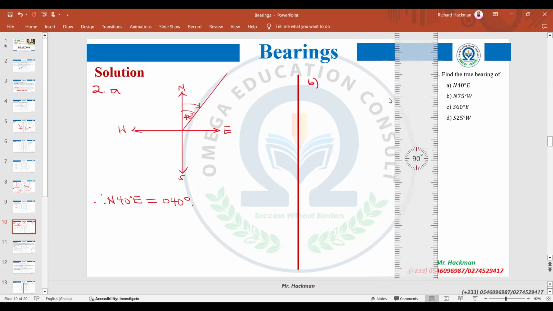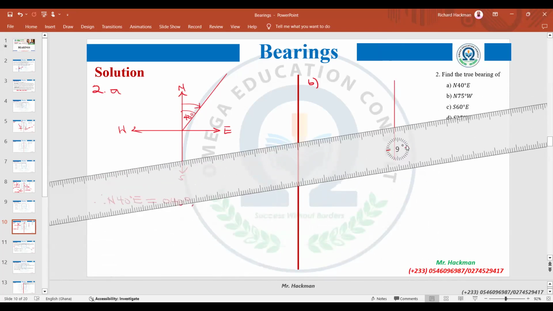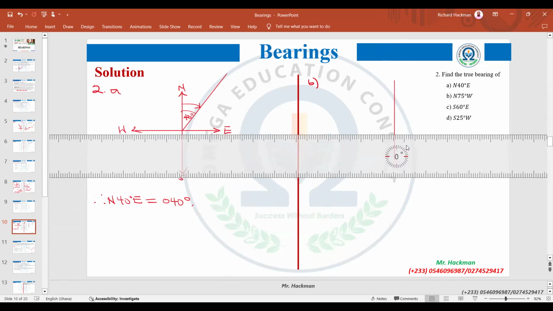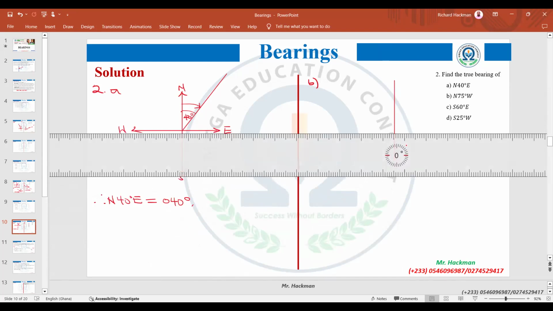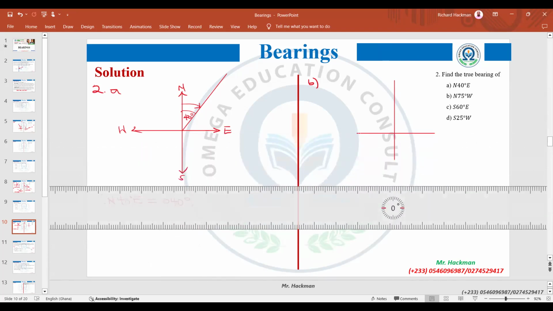Now I am going to draw my cardinal points. This is the picture of the situation at hand. I don't forget my north, south, west, then east.